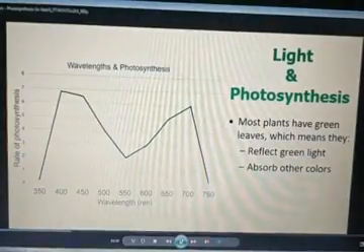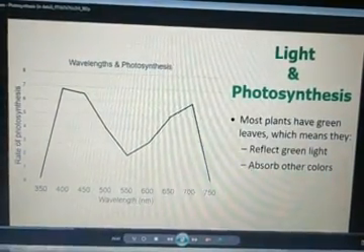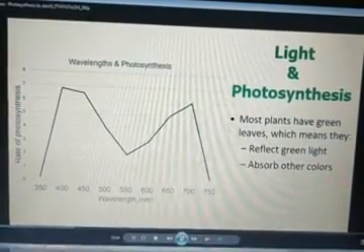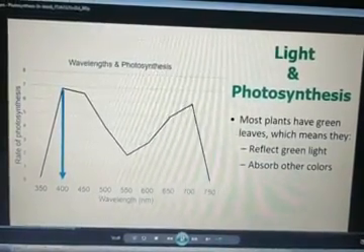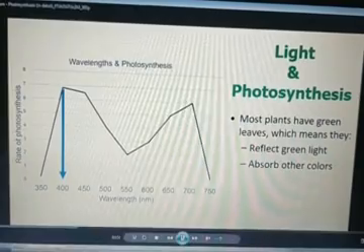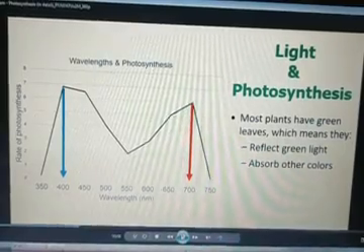In this graph we can see the wavelengths of light that most power photosynthesis. Note there is a peak at 400 nanometers, that is the blue color, and another peak at 700 nanometers, that is the wavelength of red.